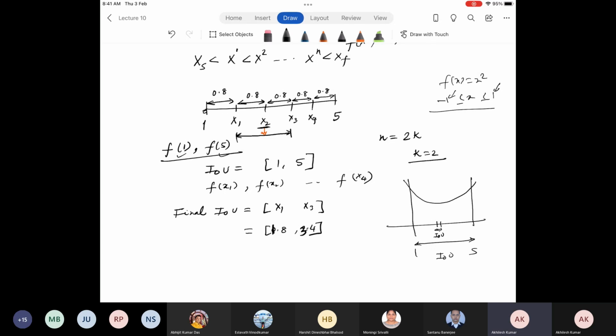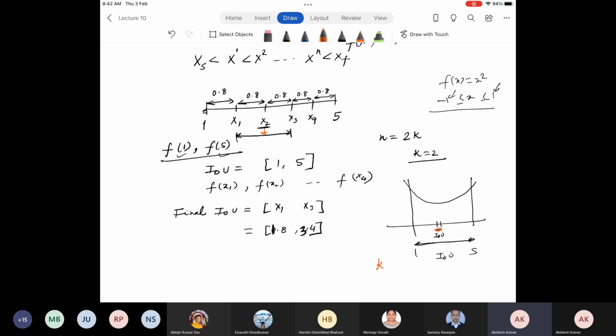The reason I'm taking too much time to explain this, although the uniform search is not that important, is for you to understand what I mean by interval of uncertainty. I'm not trying to pick one point. My search was in this range, and now I have brought it down to this range.